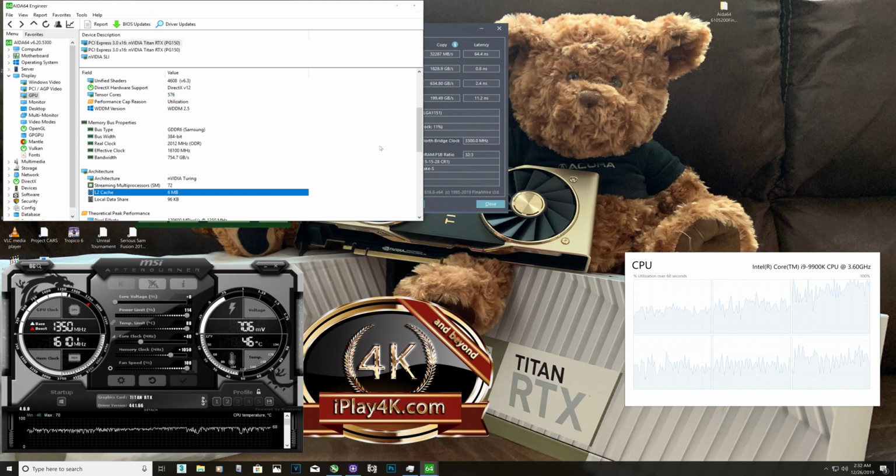On the Pascal Titan XP it was 2 megabytes, guys, so 3 times the level 2 cache, and this is why we're capable of running 16K resolution easily in almost any games. The VRAM frame buffer is 24 gigabytes and 6 megabytes of the level 2 cache.